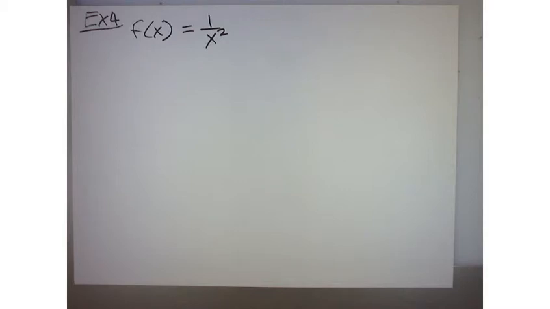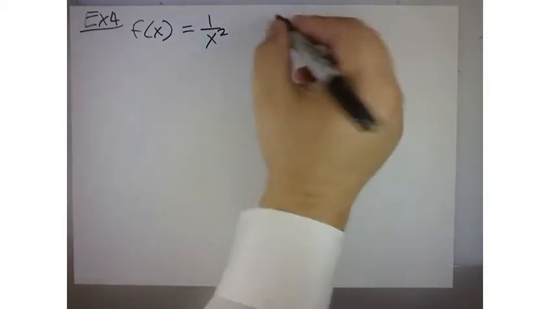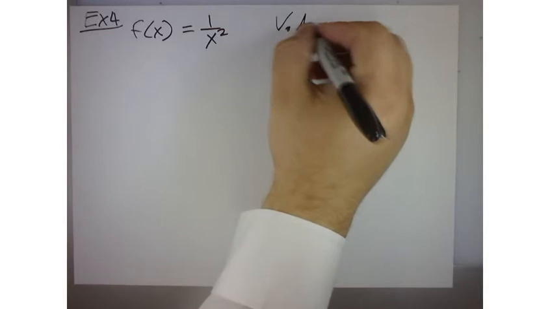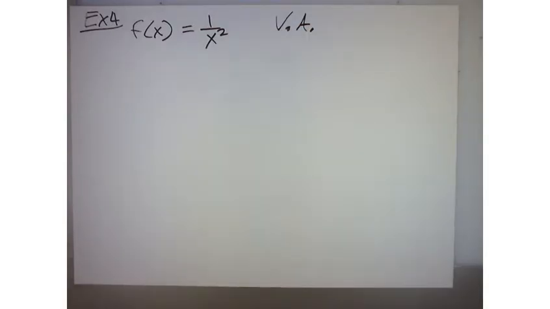All right, for example number 4, we're going to talk about vertical asymptotes. Example number 3 would have a horizontal asymptote that occurred at 5. A vertical asymptote usually occurs when we have x in the denominator and the values of x make that denominator equal 0.